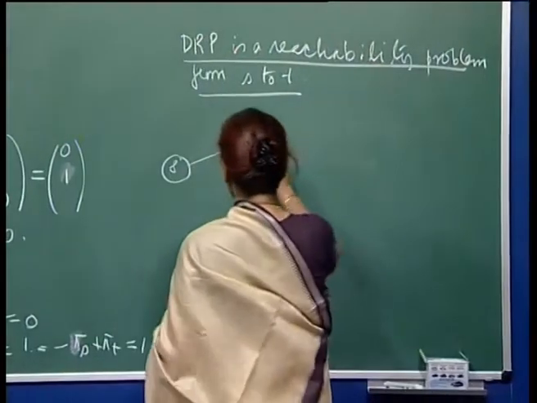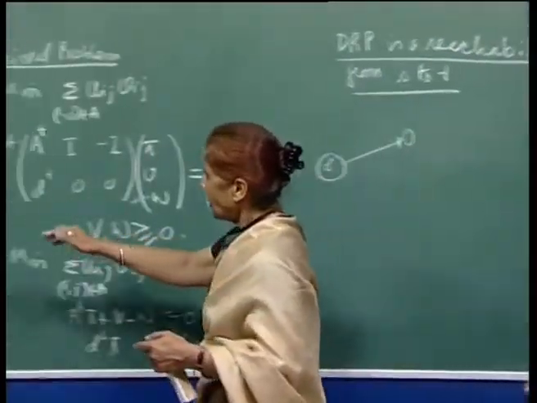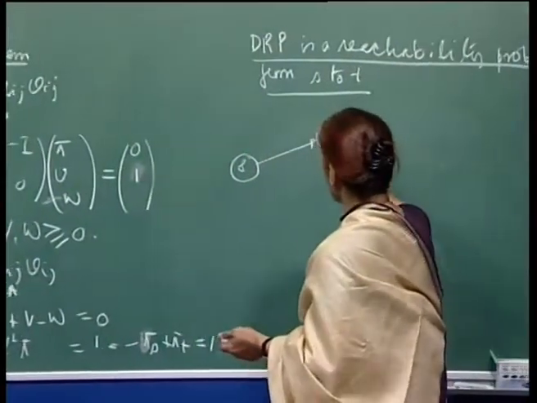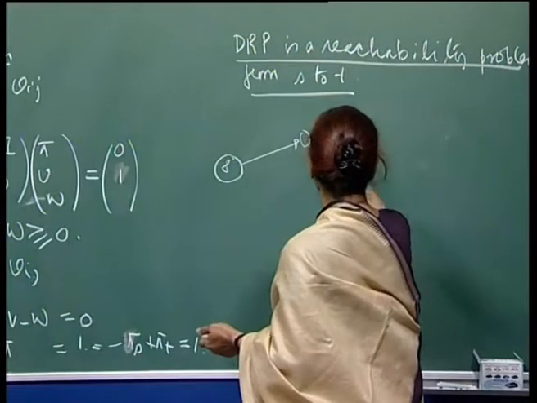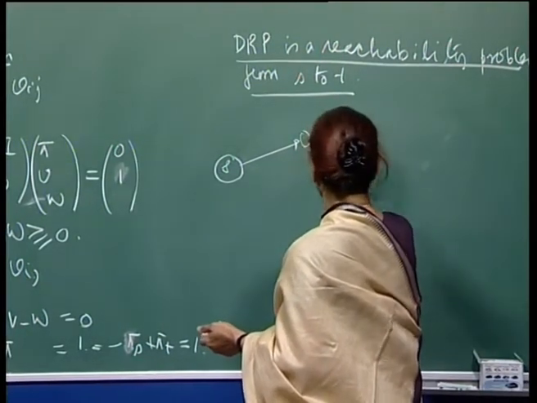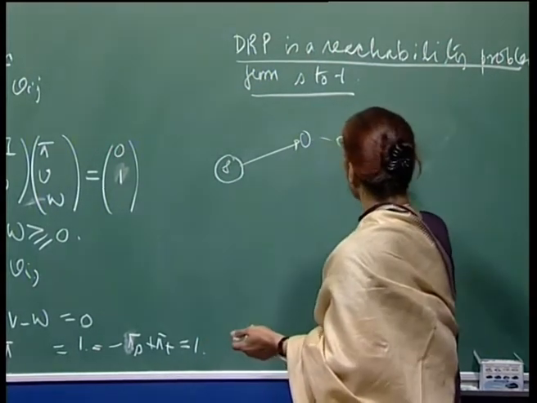So, if there is an arc like this, then I can use it, right, because I am trying to solve this DRP, and from there I will again try to see if there is an arc on which, if you have a flow in this direction, then I can reduce the flow, or if there is no flow on it, then I can increase the flow.